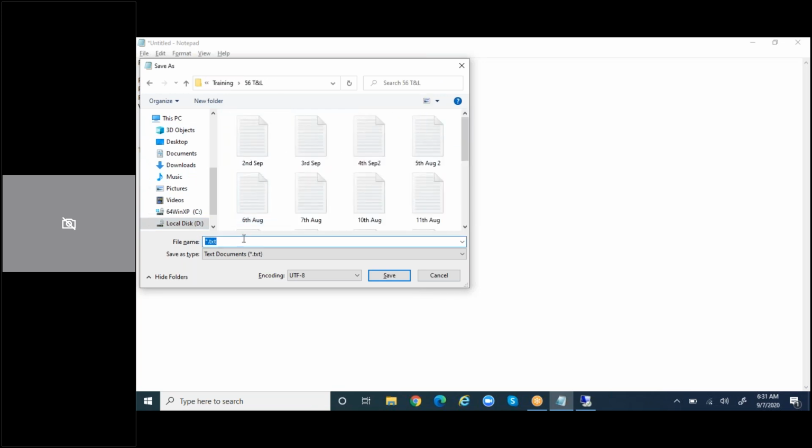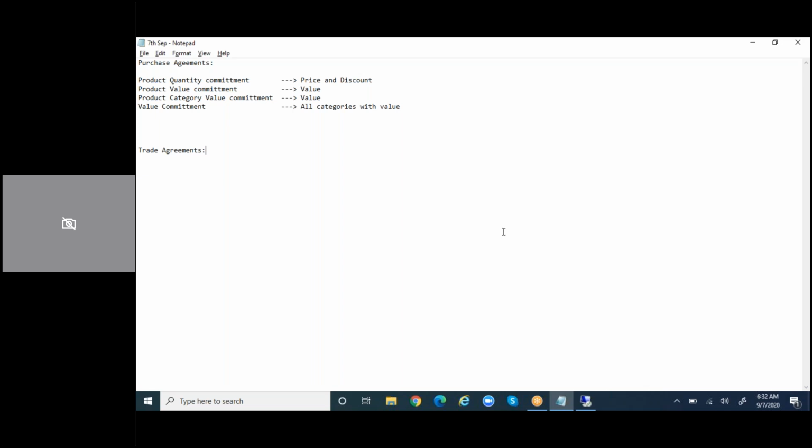Give me one second, I'm just saving this one. So the first two we are selecting items, and the last two we are not selecting items, only categories. This is a specific category, and this is for all categories.